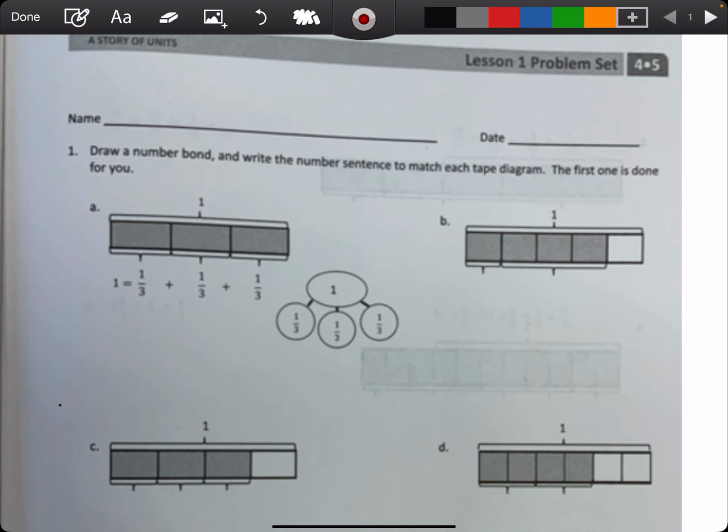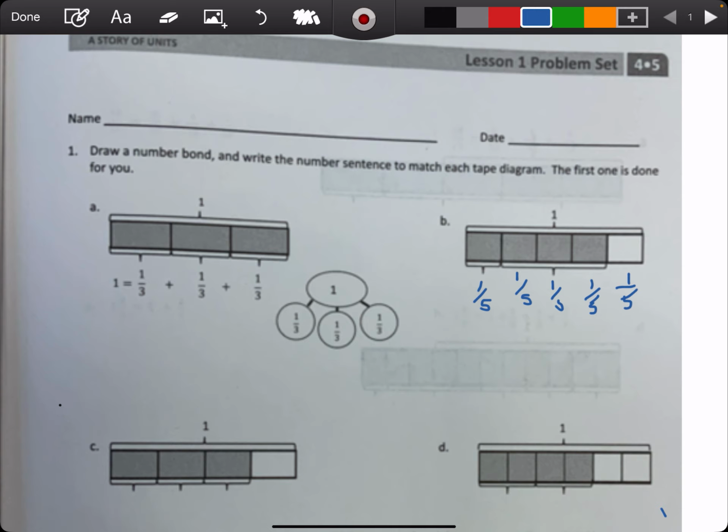You will see here is the whole, and the whole is going across the whole tape diagram. So we have 1, 2, 3, 4, 5. We have 5 equal pieces in our whole, which means that each of these pieces is 1/5, 1/5, 1/5, 1/5, and 1/5.